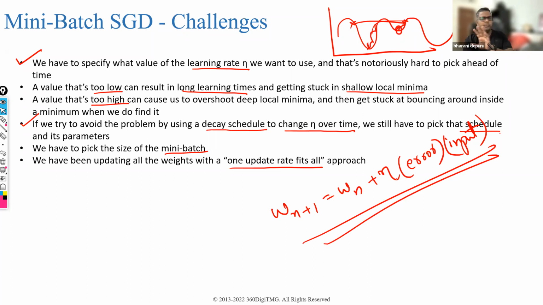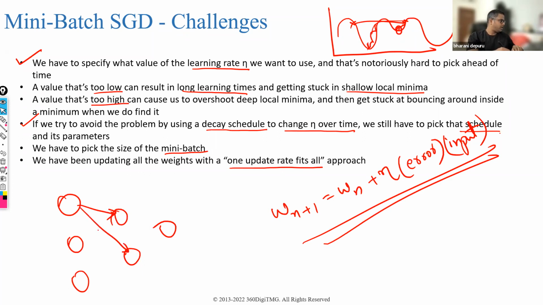Same formula is being used to update all the weights in your neural network. If you have one weight here, the same formula is applied. You'll have a weight here also, same formula is applied. This weight, this weight, this weight, and this weight, for all of these weights we apply the same formula.